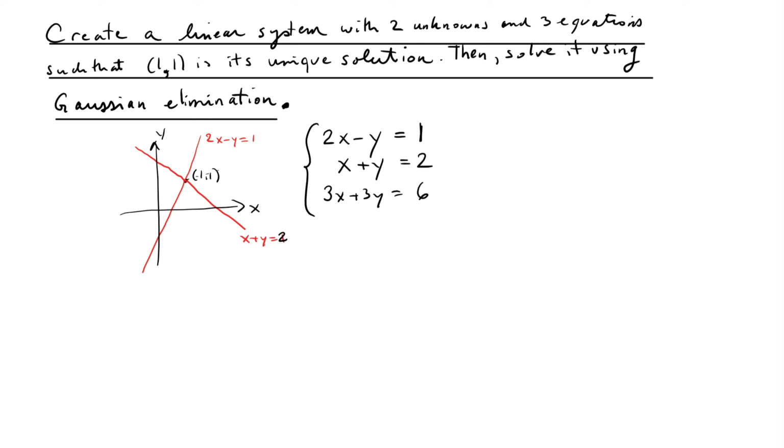By the way, one thing I want to show in this example is that this is redundant, right? It's not adding any extra information, because it's a copy essentially of equation 2. So once I do Gaussian elimination, I should see that this equation could have been removed in the first place, which means that on the third row, I should see a row of all zeros eventually showing up. Okay, so let's do this.